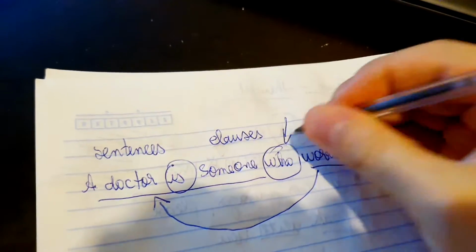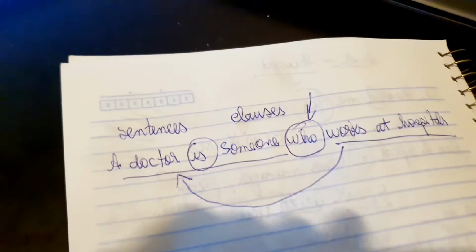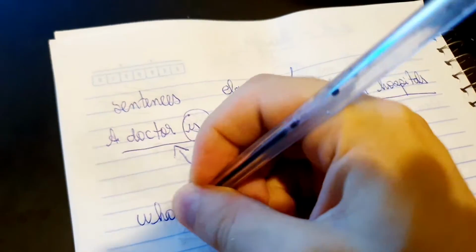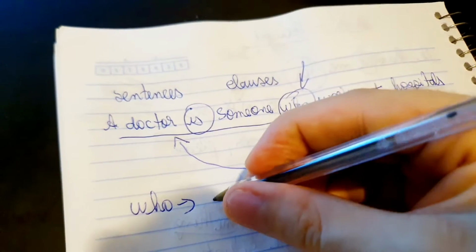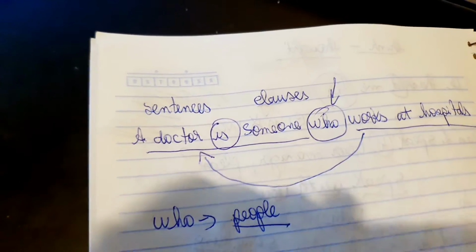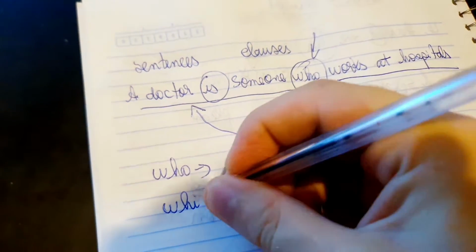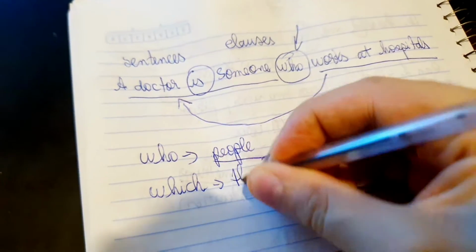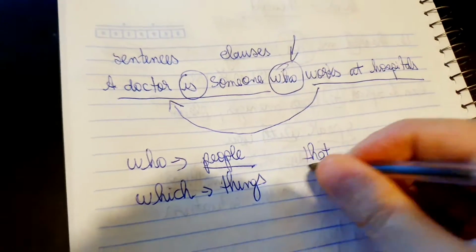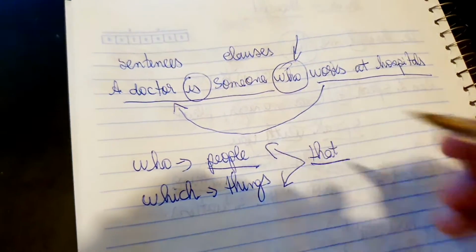Who is a relative clause related to people, okay? But we have many different relative clauses. So summarizing, who is used when we are referring to people. Not things, right? When we talk about things, we use a different clause, which. And we have that. That is another clause that can be used in both situations.